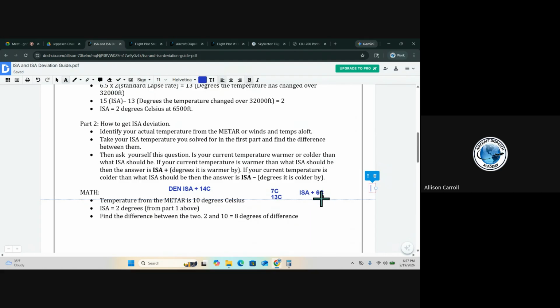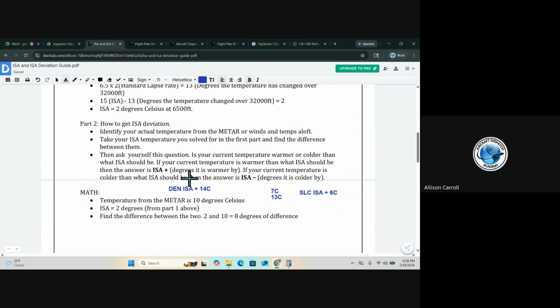So ISA plus 6. Okay. You guys are going to get lots of practice with ISA and ISA deviations. So ISA plus 6, there is our deviation for Salt Lake. And I'll just put that right there.